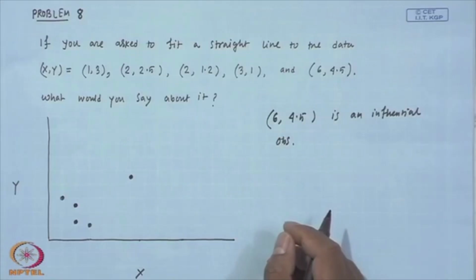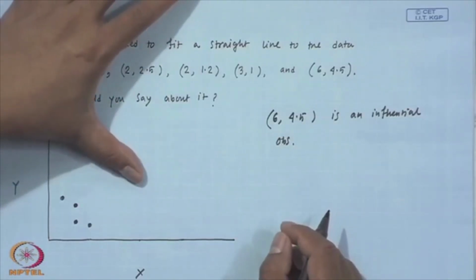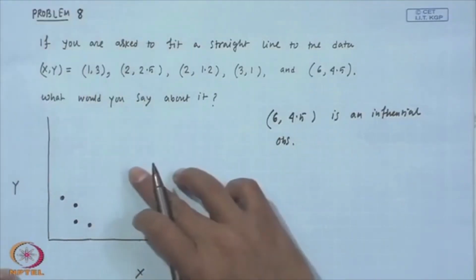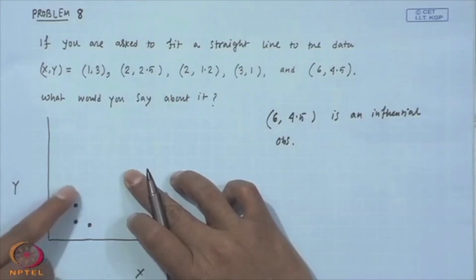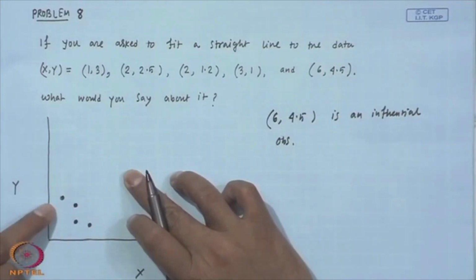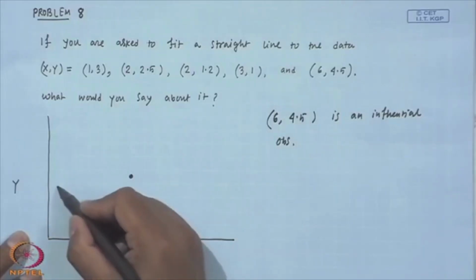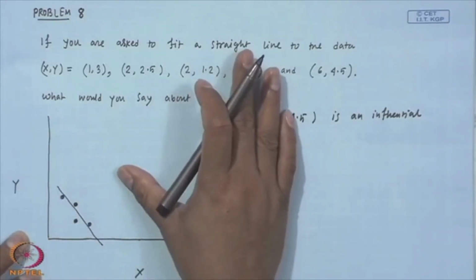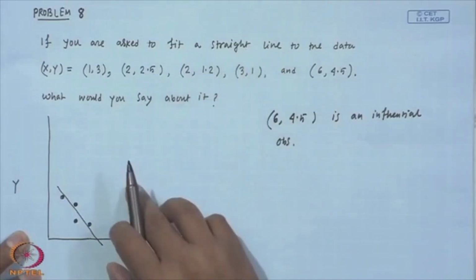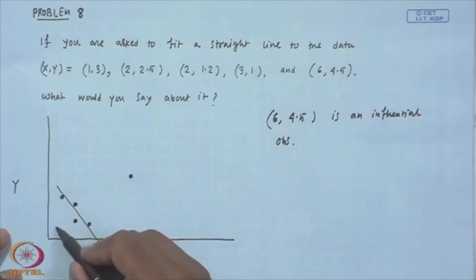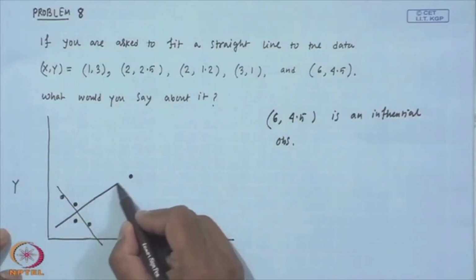See, without this point, if you fit a model to the remaining data, you will get a fit with negative slope. So, this should be the fitted line, you will fit a line like this if you ignore this point, right. But if you include this point, then your fitted line should be something like this one.